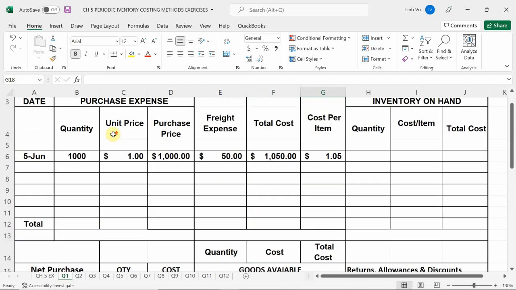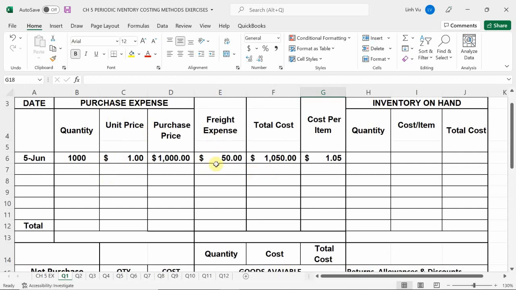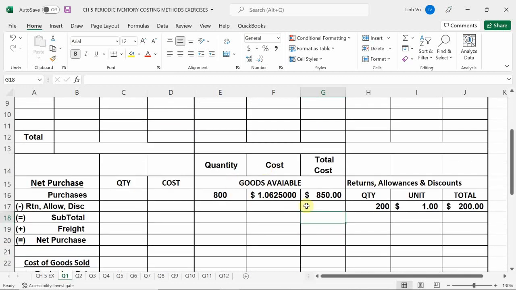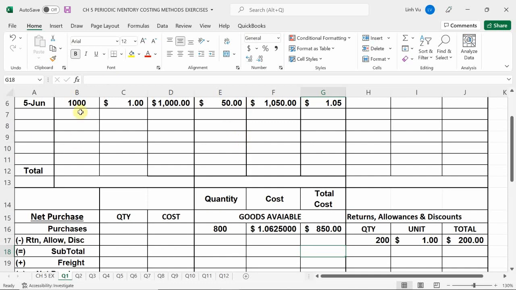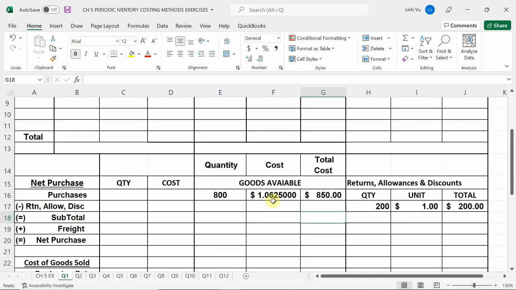Because I know the purchase price is $1, but now my freight of $50 needs to be spread across 800 items as opposed to 1,000. So the cost is going to increase, because $50 spread across fewer items means more to each item. So right now it's currently at $1.0625.